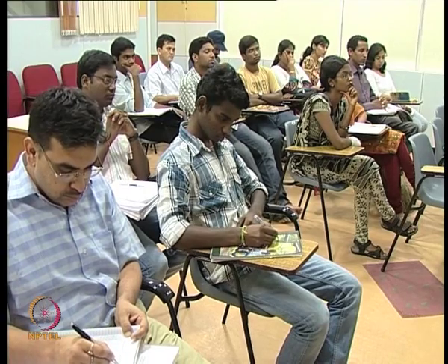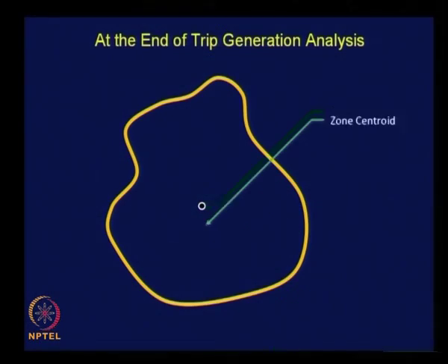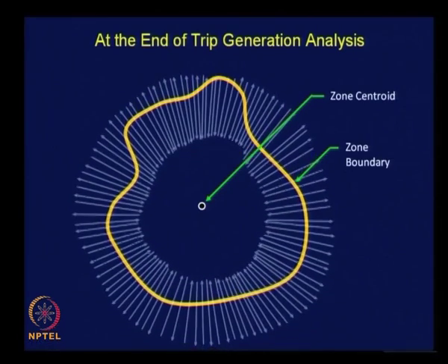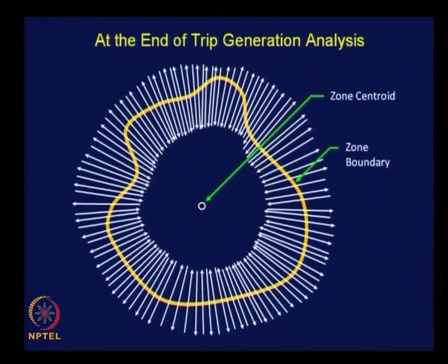And at the end of trip generation analysis, as I showed you earlier, this is what we actually had in respect of each of the traffic zones in an urban area. We just quantified the trip ends associated with each of the traffic zones when we completed trip generation analysis. These trips are person trips, not vehicular trips.